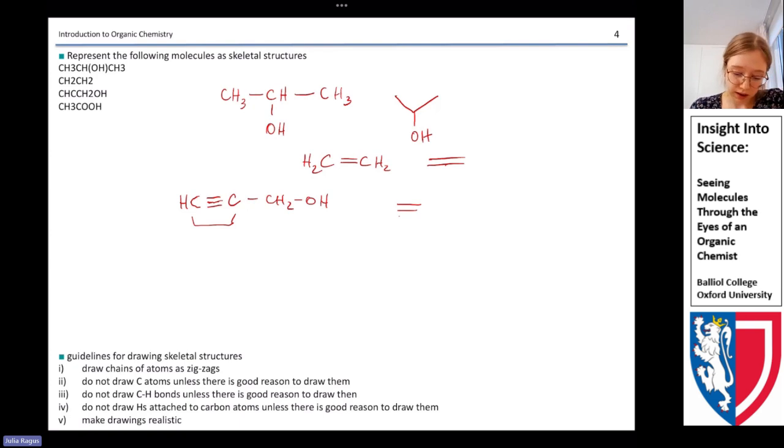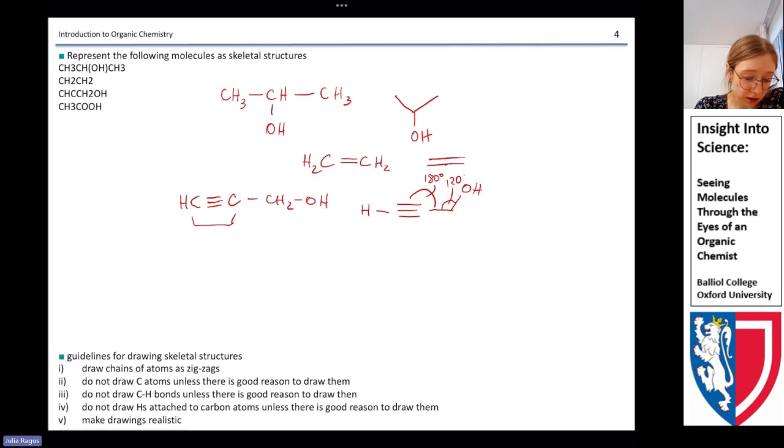Well, we've got our terminal alkyne. You can include your hydrogen or not if you wish. And then we've got CH2 and OH. Bear in mind that this is 180 degrees and this one is 120 degrees as said before.